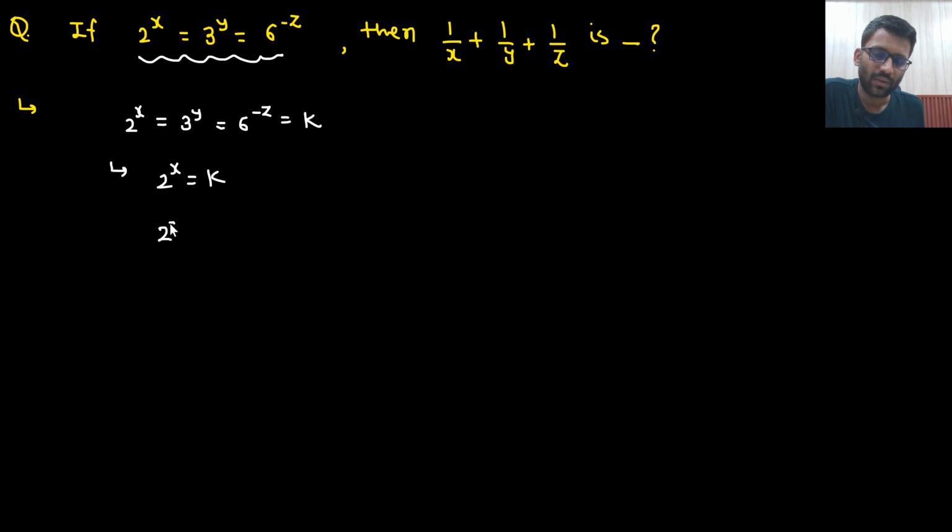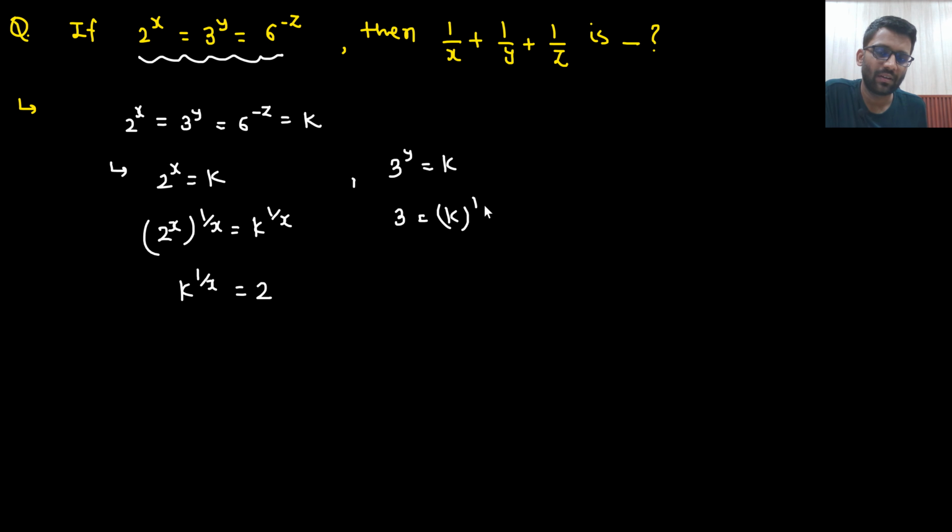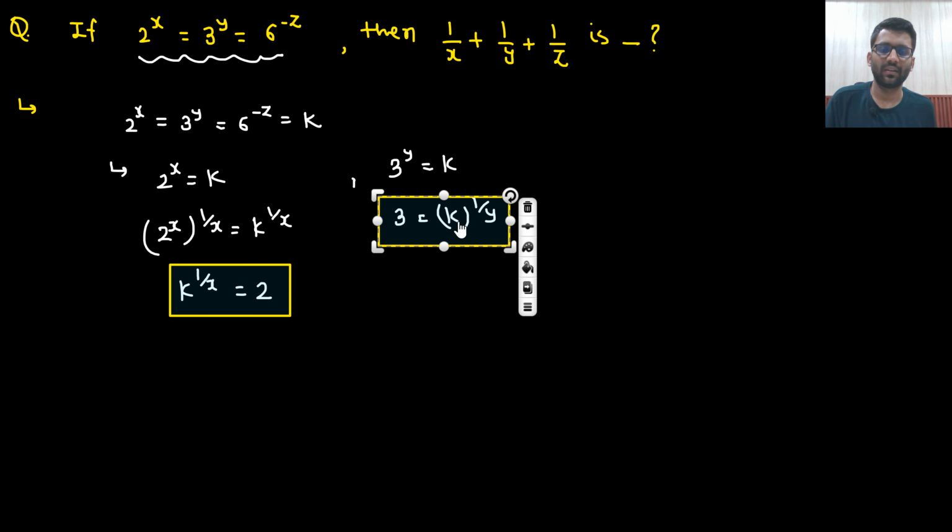So I can take the power 1 by x on both of the sides, because I will be needing 1 by x somewhere. So k to the power 1 by x is 2. Similarly, 3 to the power y is equals to k. So 3 is equals to k to the power 1 by y. Do you agree to this point?